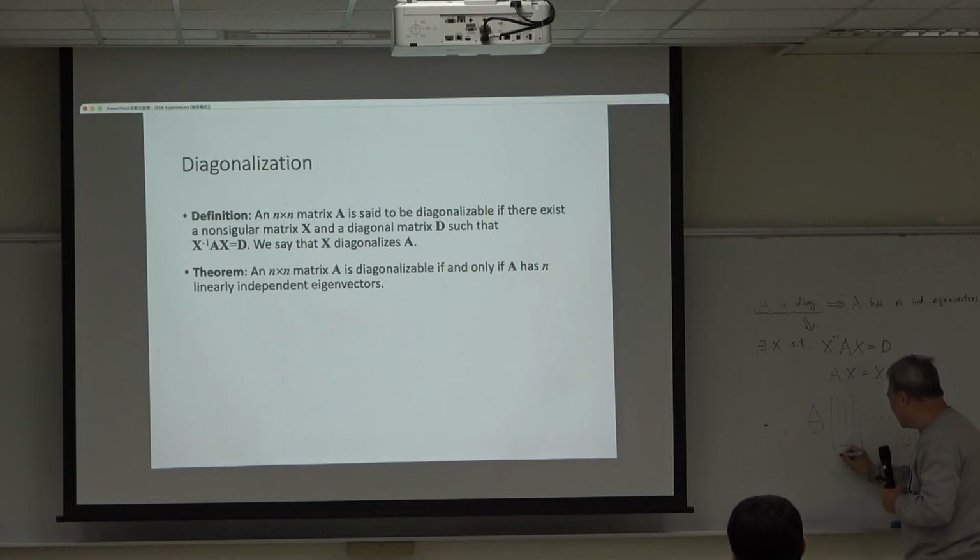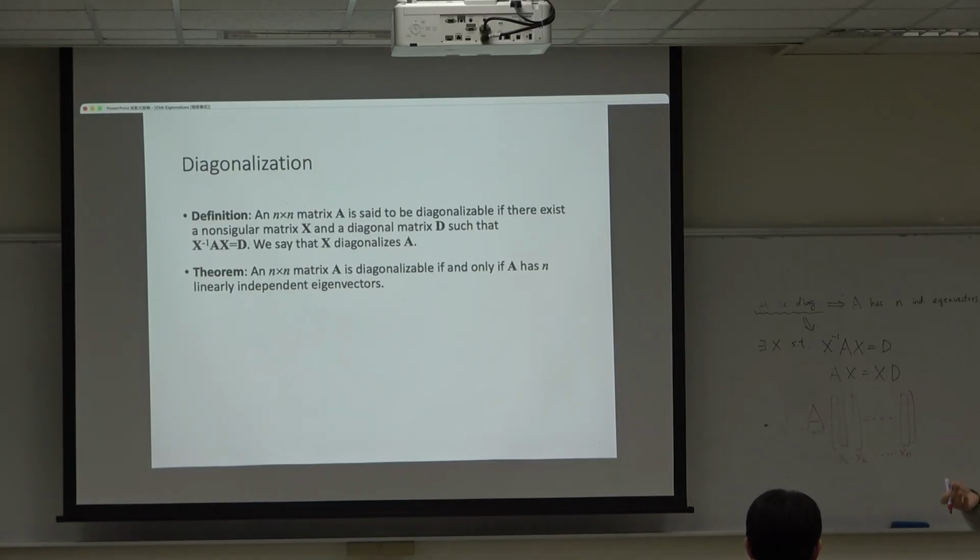So let's call this one X1, this one X2, and so on up to Xn. This is X, right? I'm just trying to visualize X, make it a little bit bigger, and represent X by its column vectors.